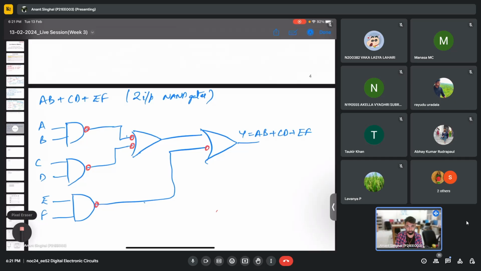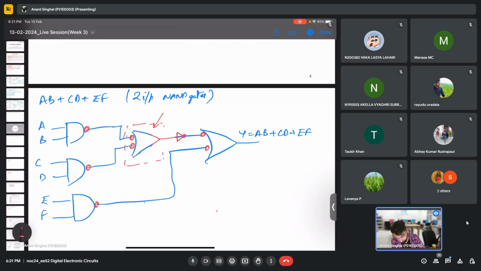But a quick thing to realize here is I've already made this particular gate a NAND gate, as we have already discussed in the previous questions. If I apply two NOT gates here, it will not remain a NAND gate. So instead of doing a NOT here, I'll add an additional NOT just to nullify the effect of this bubble.